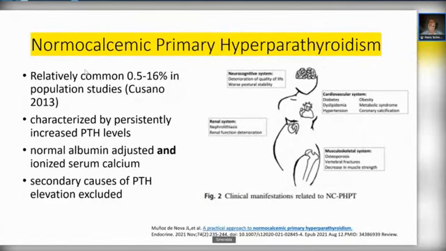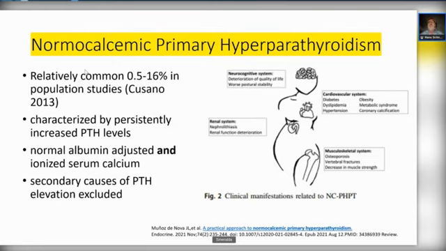They frequently present in osteoporosis clinics with fractures, and they might have nephrolithiasis with renal stones. It's characterized by persistently elevated PTH levels but normal calcium, and it's very important in these patients to measure the ionized serum calcium, because there is a subgroup of patients that are actually hypercalcemic and are not recognized.